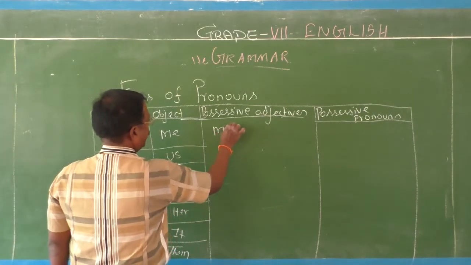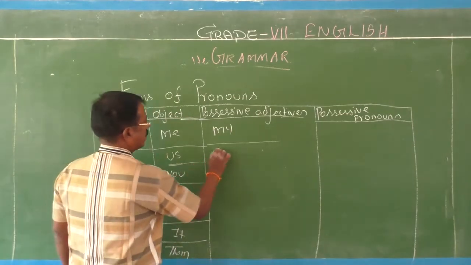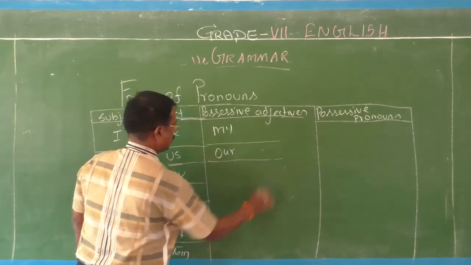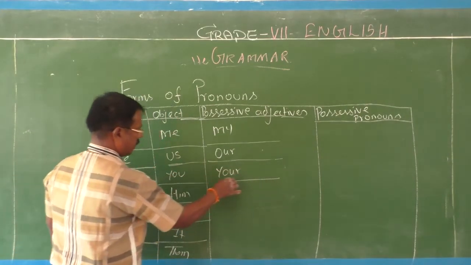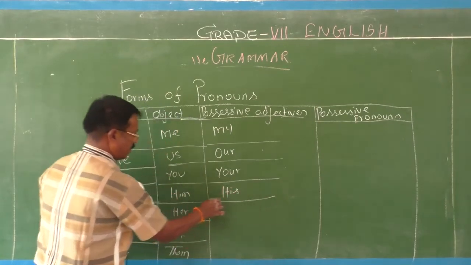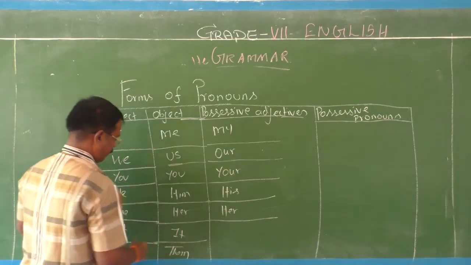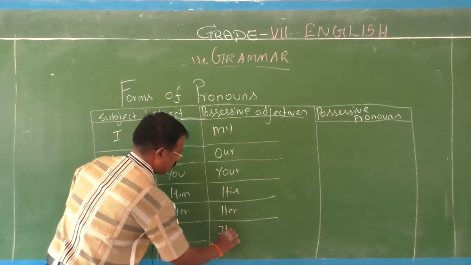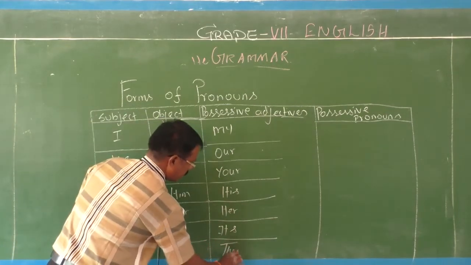Then possessive adjectives. My. This is possessive adjective. We, our. You, your. He, his. She, her. It, its. They, their.